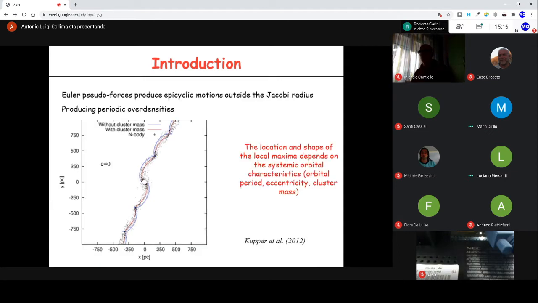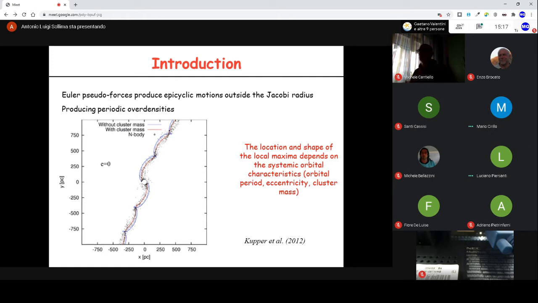If you look at the distribution of stars inside the tidal tails, you can see that there are also overdensities at regular distances from the cluster center, and these are due to the fact that these pseudo forces act on the escaped stars, accelerating and decelerating them periodically.